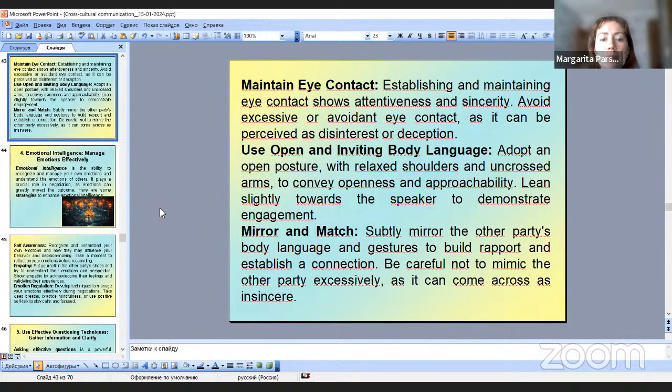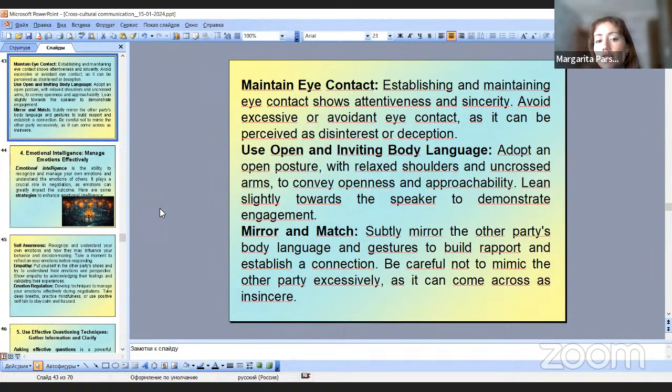When you're sitting at the table and not meeting for the first time, you can lean towards the speaker a little to demonstrate interest, engagement, and that you are involved in the communication process.